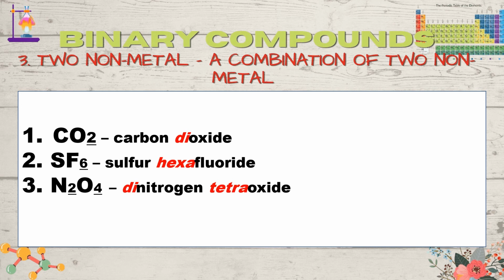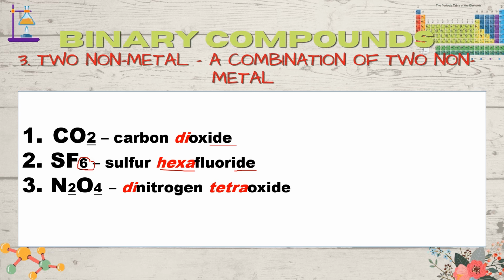So since it is a combination of 2 nonmetals, 2 for di, and then still the ending IDE, you name that as carbon dioxide. Another example is SF6. So how do you name S? S for sulfur, and then you have 6 here, 6 for hexa, and then F is fluorine. The ending will be IDE, so you name that as sulfur hexafluoride.